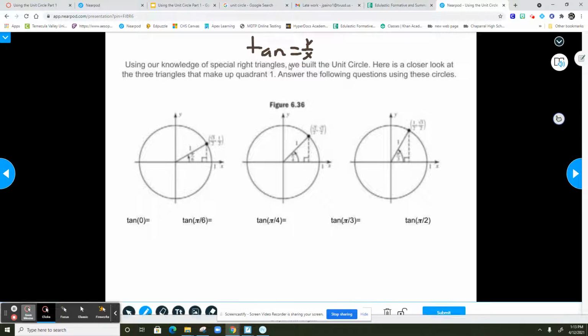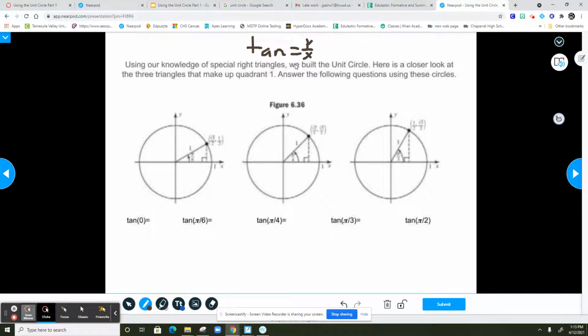Issue number 1 is that the denominator cannot be 0. So if the x coordinate is ever 0, tangent is undefined. The second issue, still with the denominator, is we're not allowed to have a radical in the denominator. So when we write our most simplified unique answer, we have to make sure we don't have any radicals in the bottom.